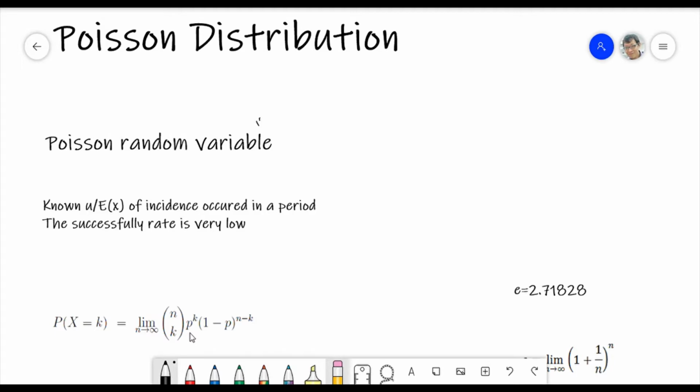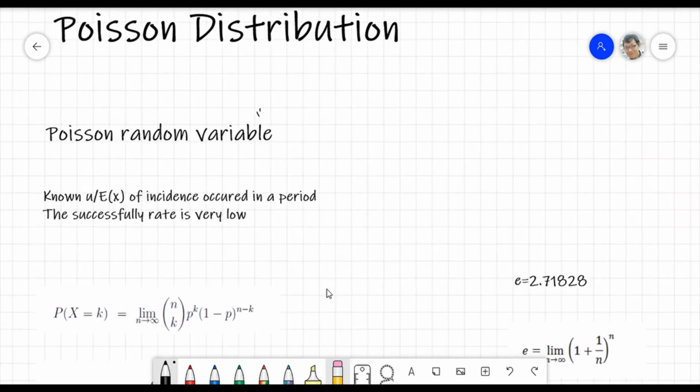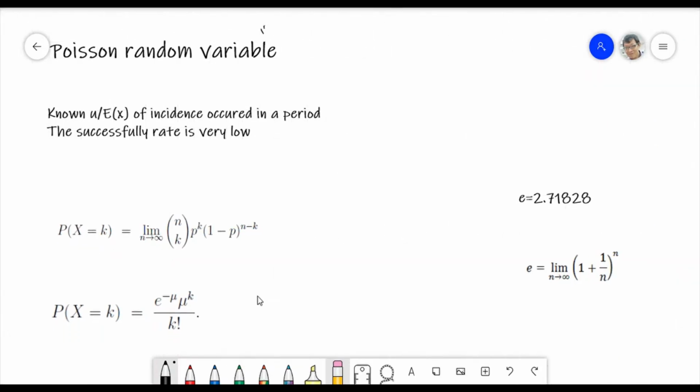Then p is the probability, and 1 minus p is the unsuccessful case. We also have a special one, the Bernoulli, which is either 1 or 0, either fail or successful. Okay, let's keep going.